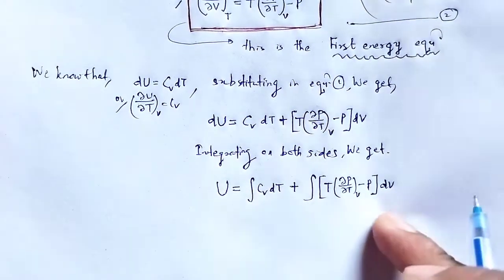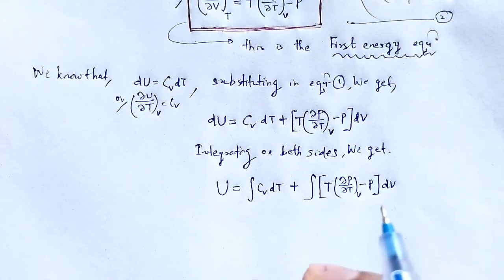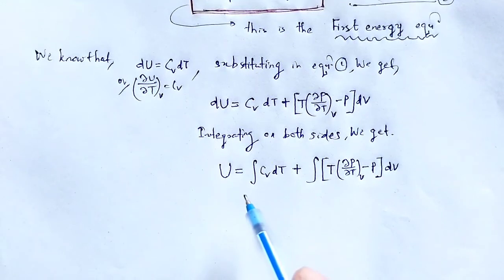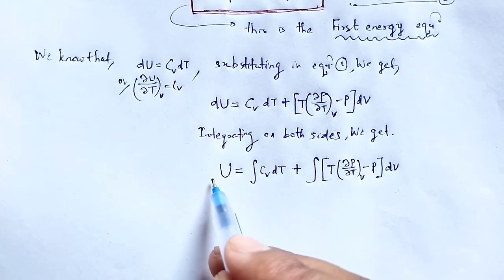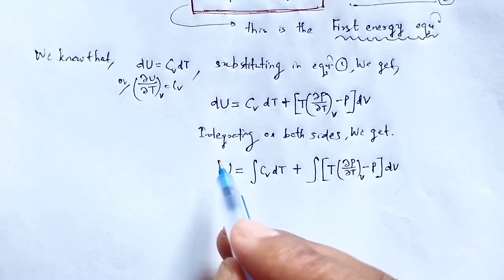Now, using that relation for an ideal gas and for a Van der Waals gas, we observe how internal energy is related.